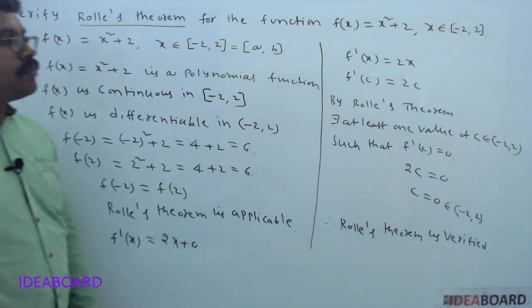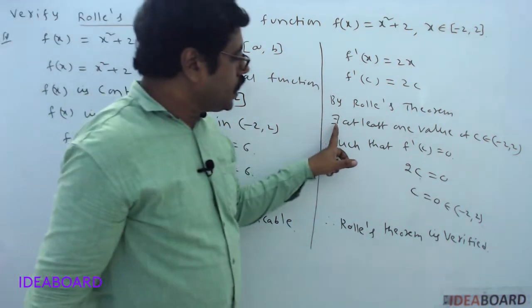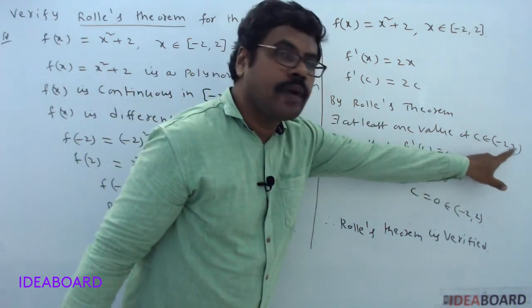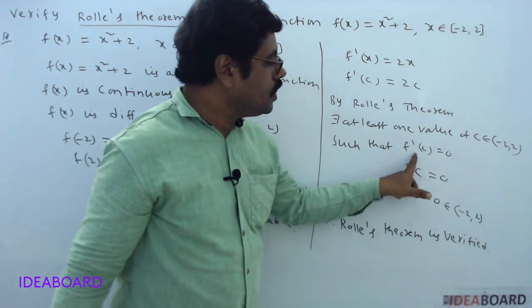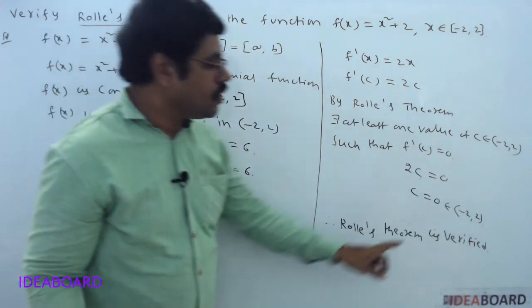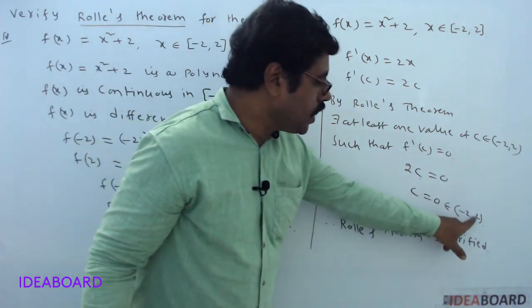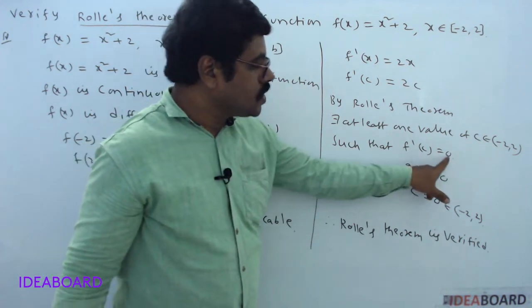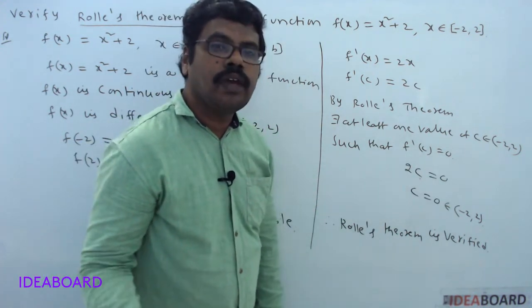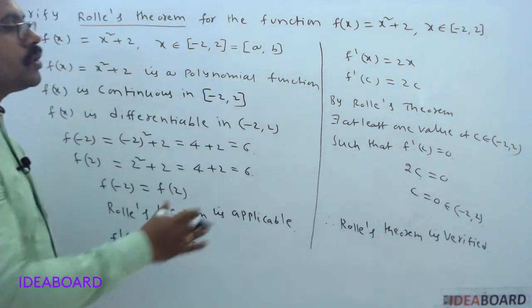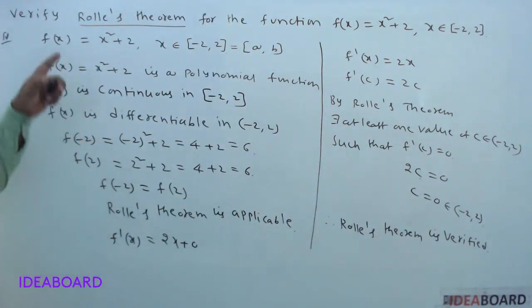If Rolle's theorem is applicable, then there exists at least one value of c in the open interval (-2, 2) such that f'(c) = 0. If you find a value of c in the open interval (-2, 2) which satisfies the condition f'(c) = 0, simply we say that Rolle's theorem is verified. Now this is the procedure to solve the problem based on Rolle's theorem.